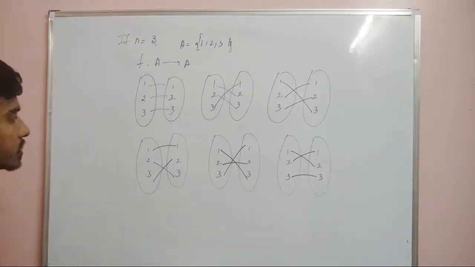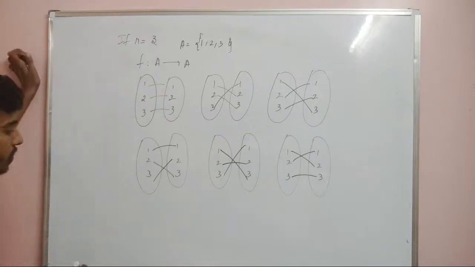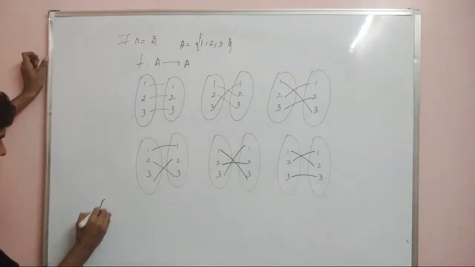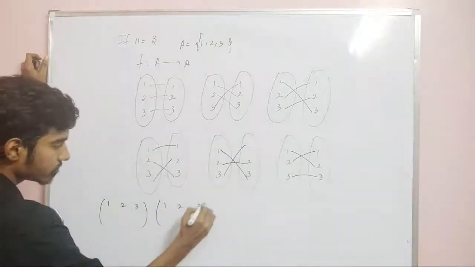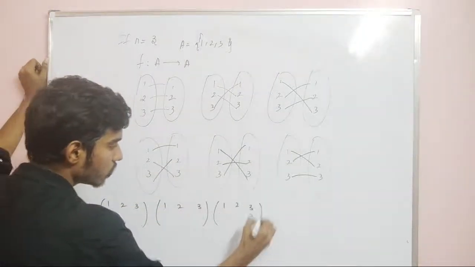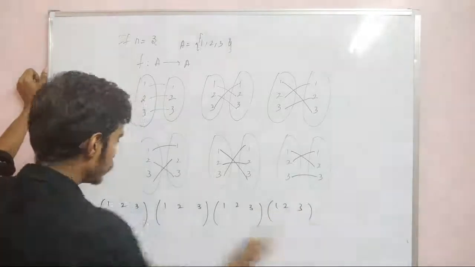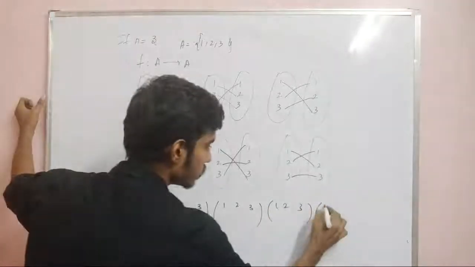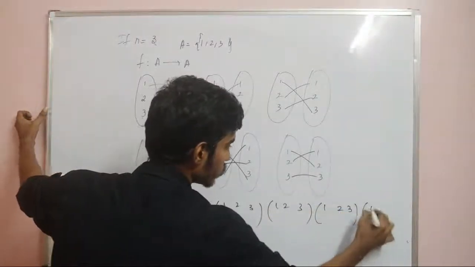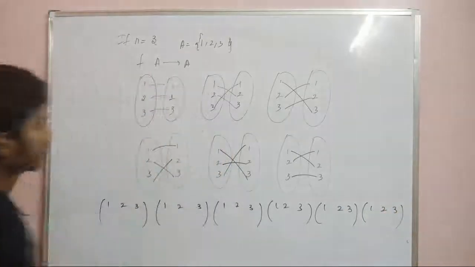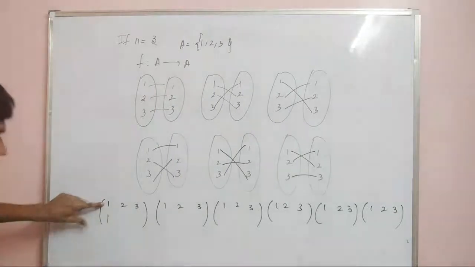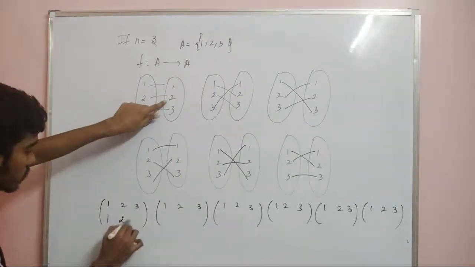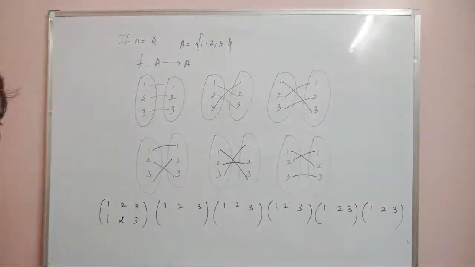The first representation is a very important concept. You just write all 6 possible mappings. You can see in the first mapping 1 goes to 1, 2 goes to 2, 3 goes to 3, everything is fixed.